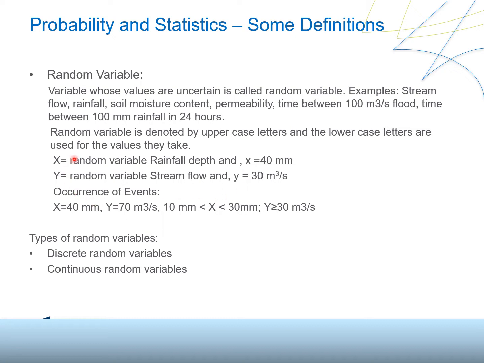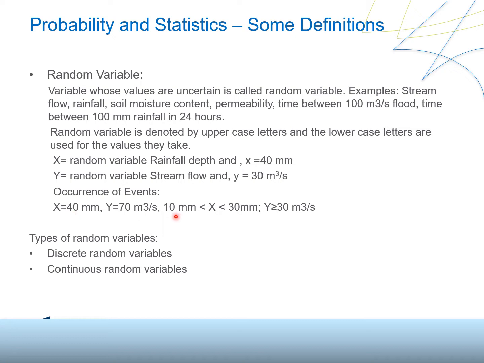Now, when the random variable X equals 40 millimeter, that is an event. So there is a difference: the small letter x equals 40 millimeter is the value of the random variable, whereas the capital X equals 40 means a particular event. So we are talking about when X becomes 40 or when Y becomes 70.